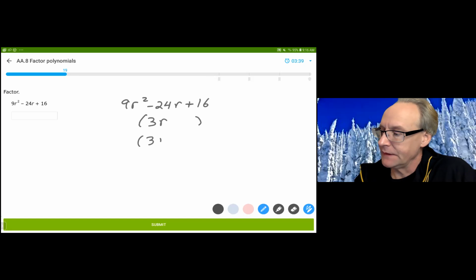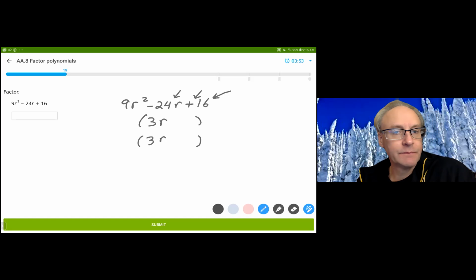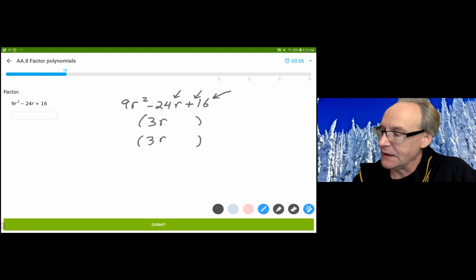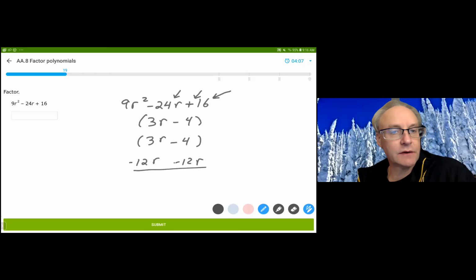What we're looking for is a product of 16 and a sum of negative 24r for our middle terms. It just so happens that negative 4 times negative 4 is positive 16. And negative 12r, I'm going to cross multiply, and negative 12r gives us our middle term.